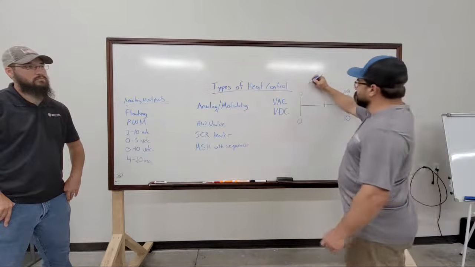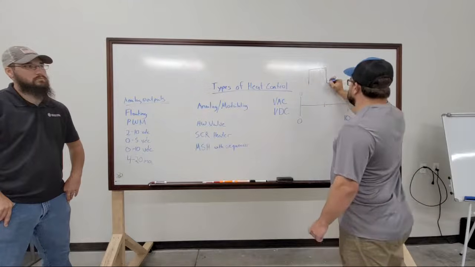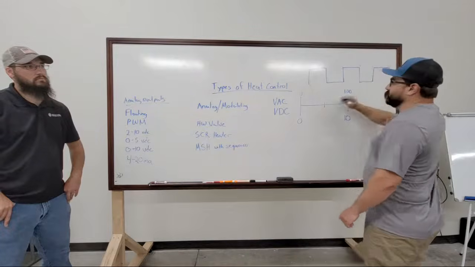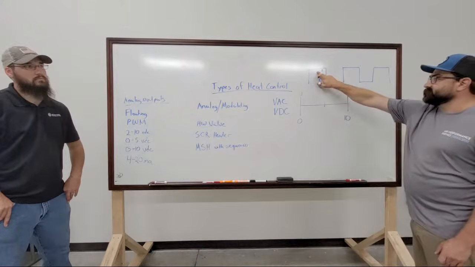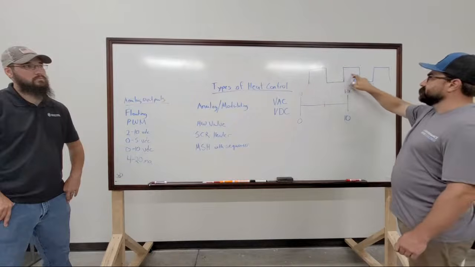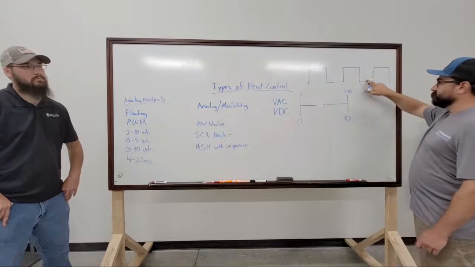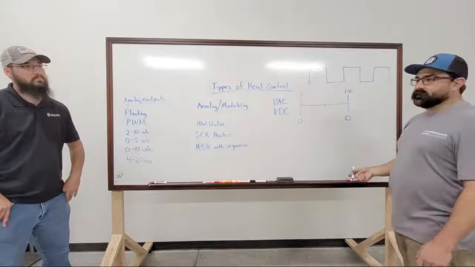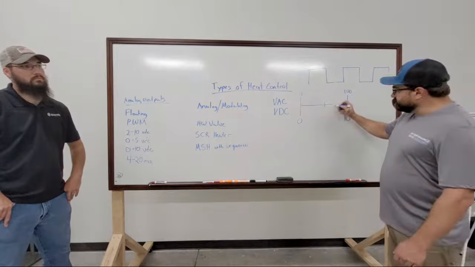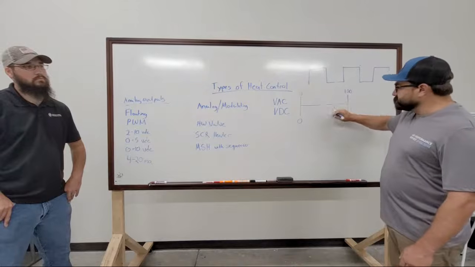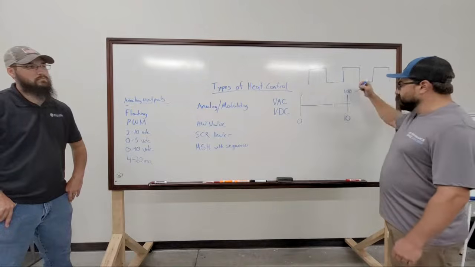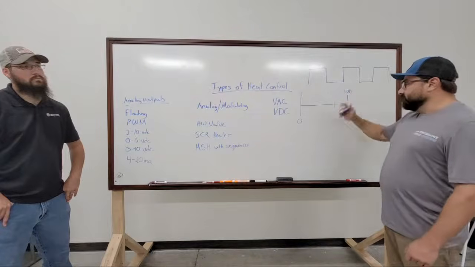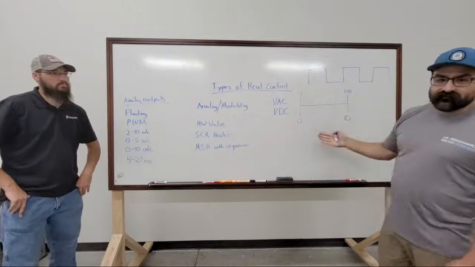So you get what we call a sine wave, basically, of a pulse. So on for 5/10 of a second, off for 5/10 of a second, on for 5/10 of a second, off for 5/10 of a second, on for 5/10 of a second, and that would get you 50%. That time frame varies based upon how much you want that output to command. So if you want 90%, then you would do 9/10 of a second.